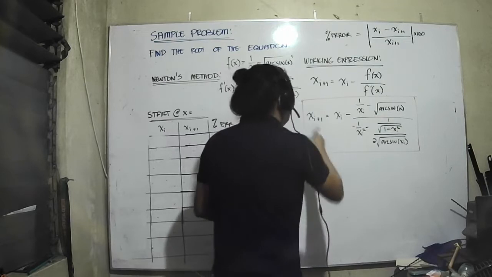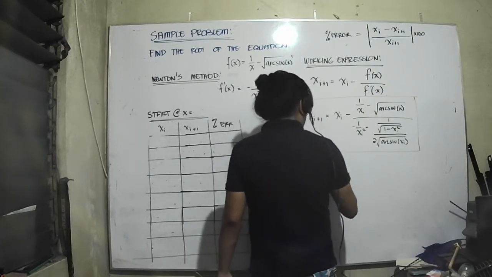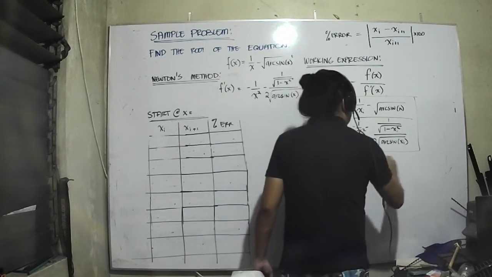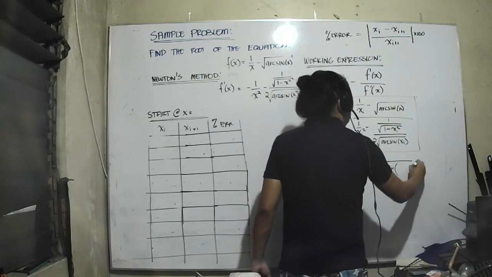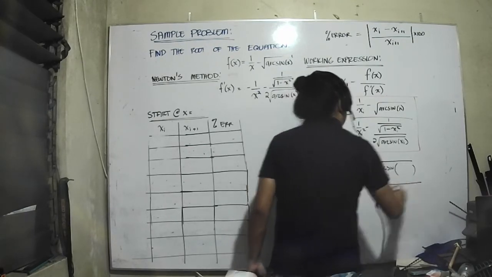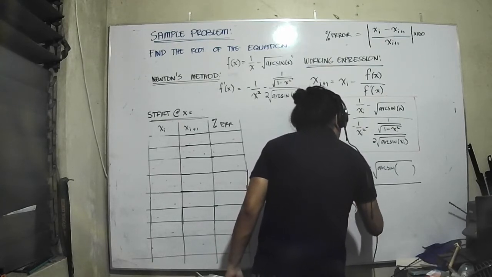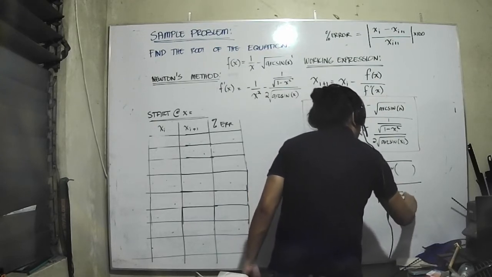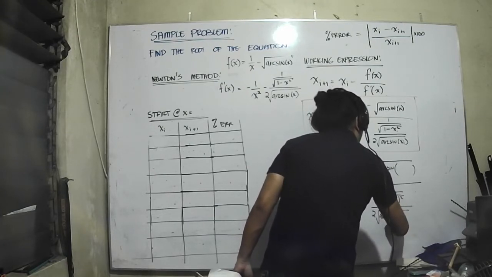If I were to rewrite this in another form, that is 1 over arc sine of blank divided by 1 half, 1 over blank squared minus 1 minus blank squared divided by arc sine.